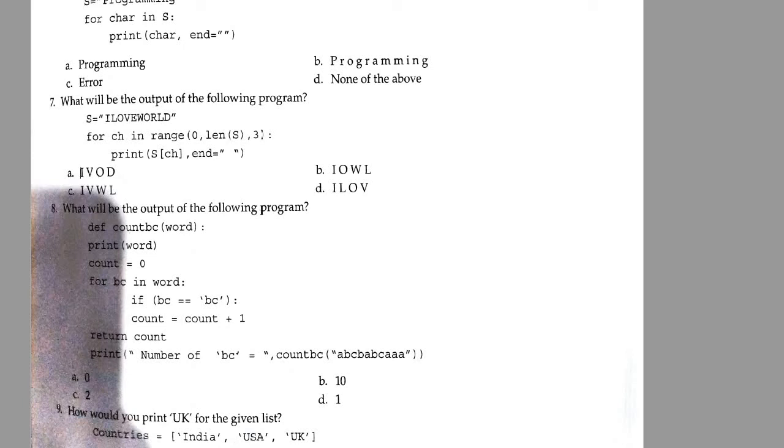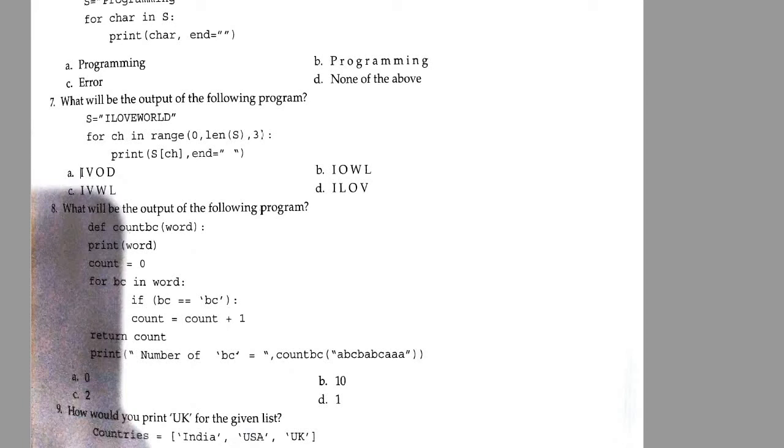For BC in word, if BC is equal to, here you will see double equals is given, so it's not assigning the value, it's checking. Fine, because double equals is a comparison operator. It just compares two strings, whether the two strings are the same or not. Count equals count plus 1.